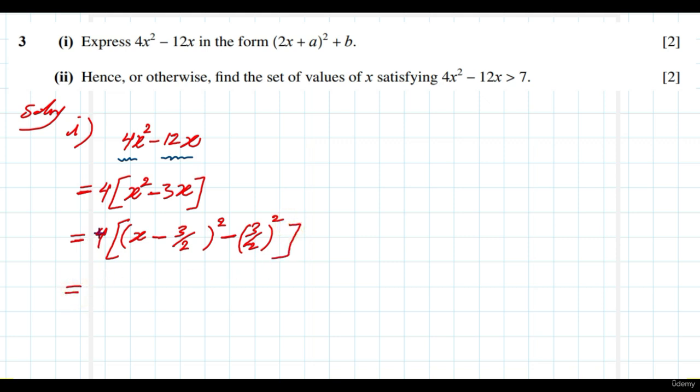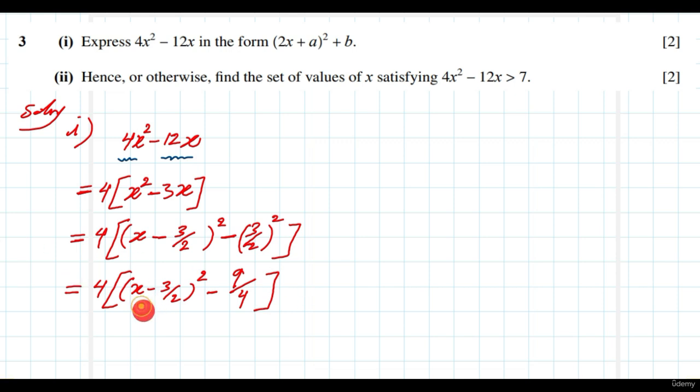And then we can now simplify this further. It becomes 4 times (x minus 3 over 2) all squared, then minus 3 squared is 9 over 2 squared is 4.